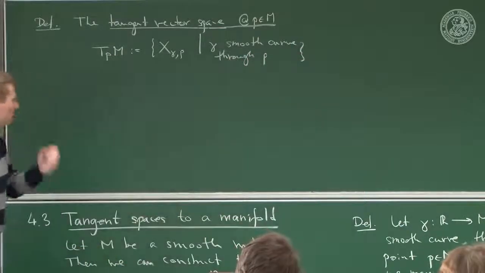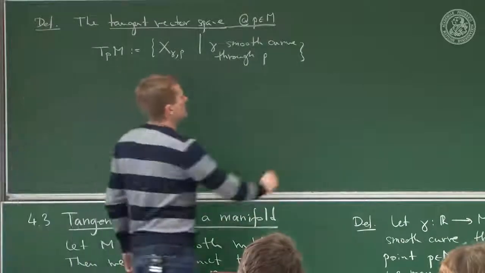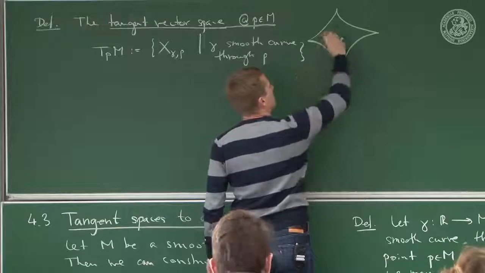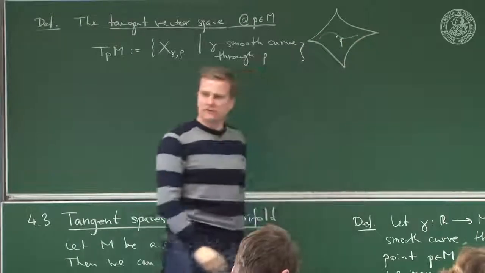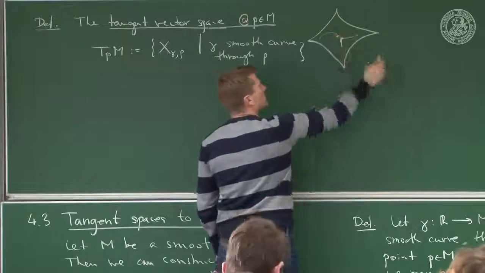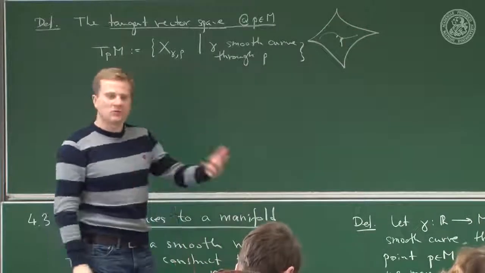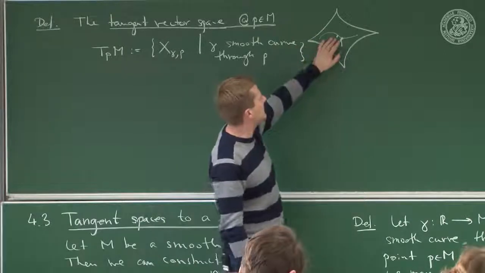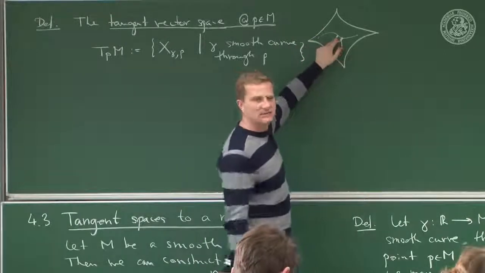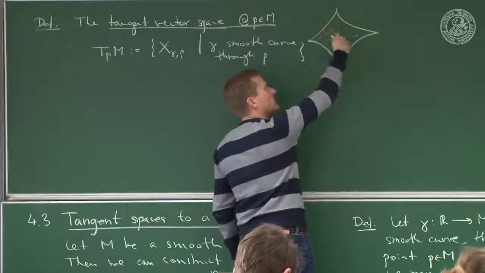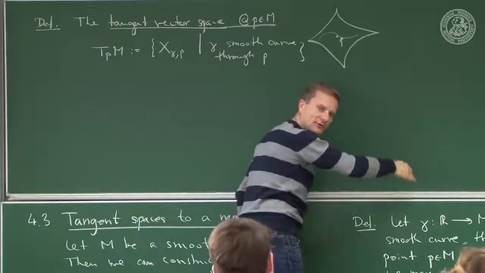Okay, so the intuition here is you have your manifold, you pick your point p, and now you don't only look at this curve, but you also look at the same curve through which you run at double speed. You also look at the curve through which you run at mu times the speed, and then you get all the tangent vectors in this direction longer and longer and longer.